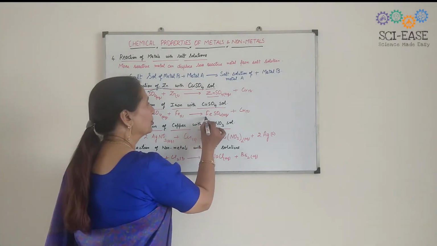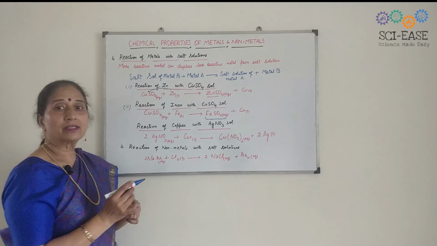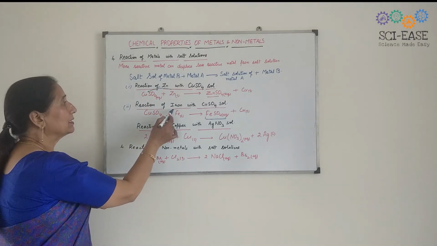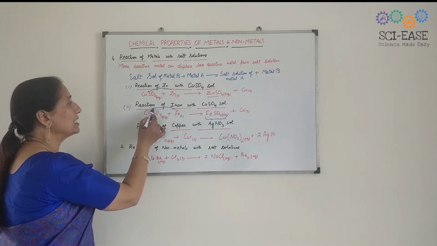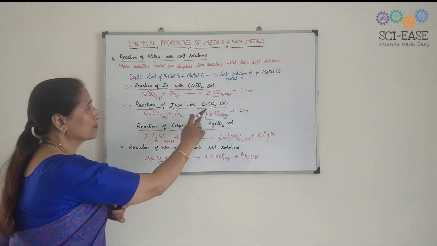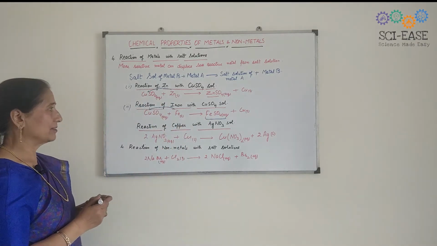Why? Due to the formation of iron sulfate. So what has happened? Iron displaces copper from copper sulfate solution and it has become iron sulfate.